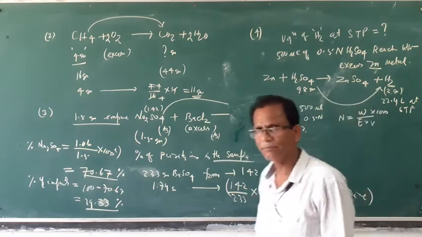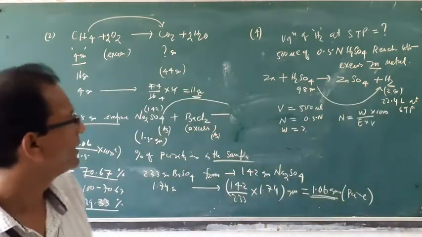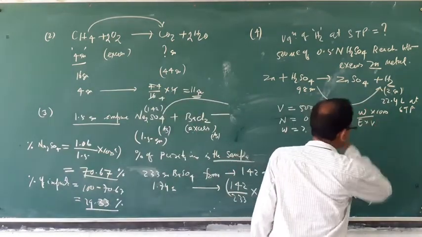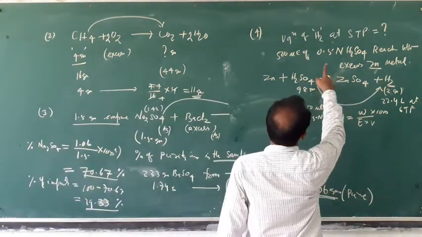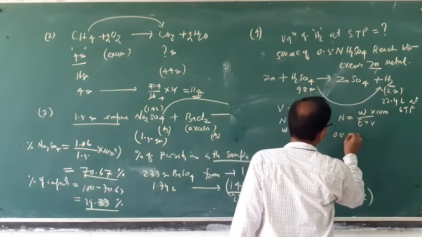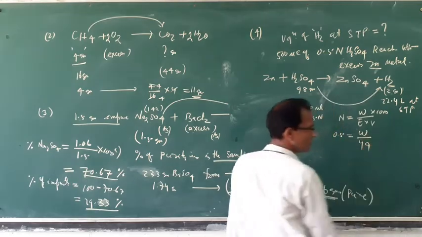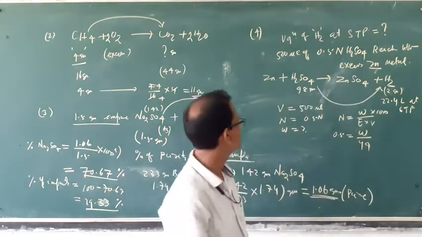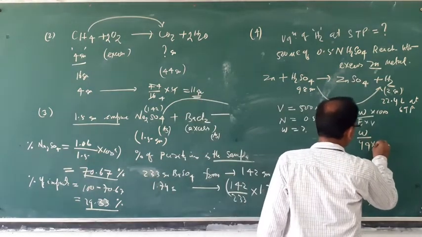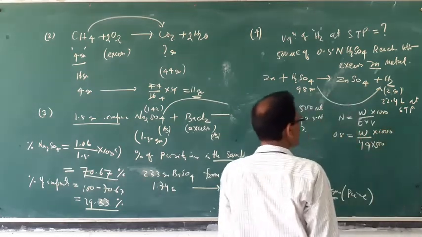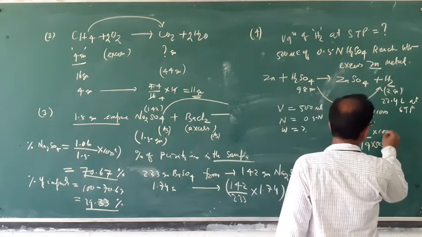Already we have read this in concentration of solution. So N is given as 0.5. W we will calculate. E is 49 for sulfuric acid. V is 500 as per the question, into 1000.